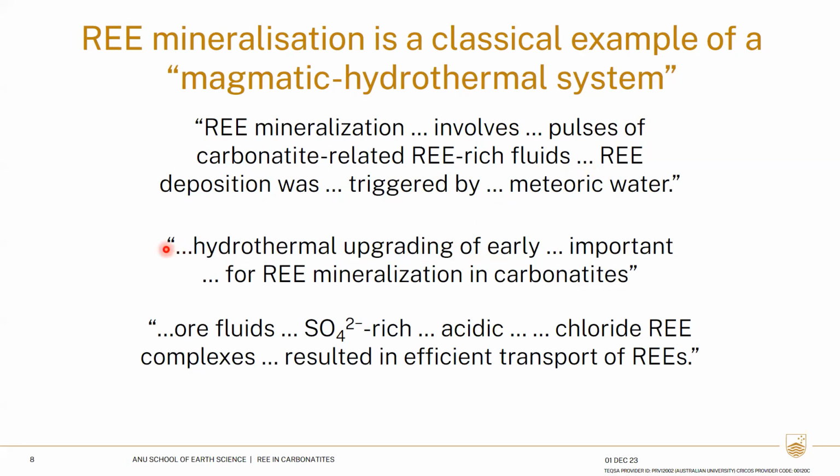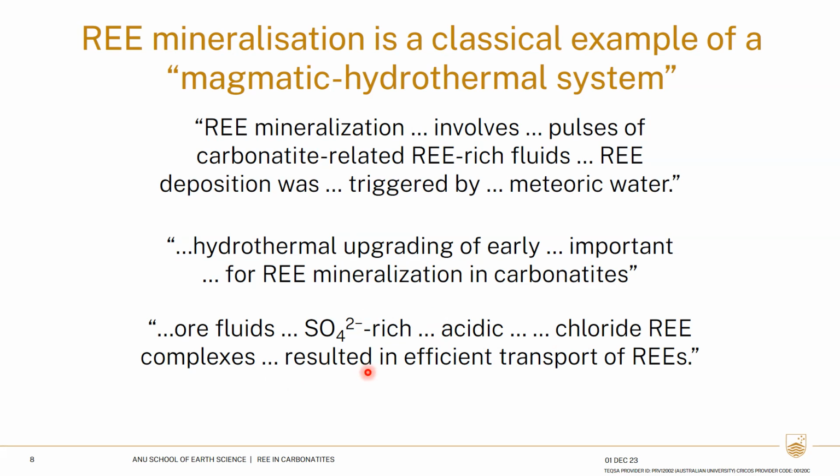Or in another case, you have hydrothermal upgrading of an earlier phase, important for mineralization in carbonatite. So you had some kind of mineralization, then later fluids made it better, more concentrated or more something. Or another example where you have ore fluids, sulfate-rich, acidic, chloride complexes, transporting rare earth elements.